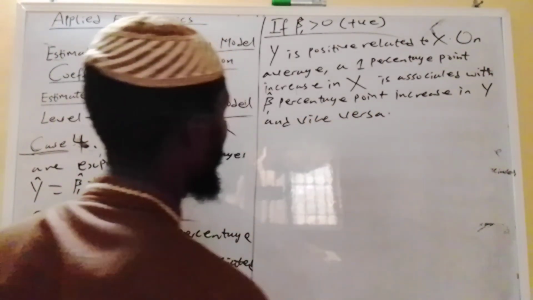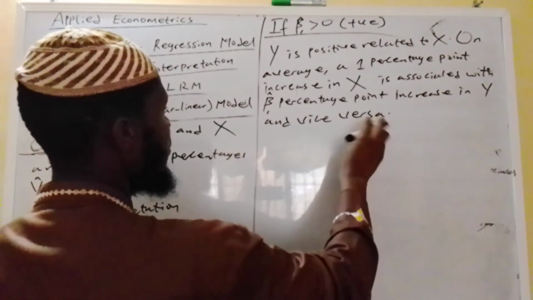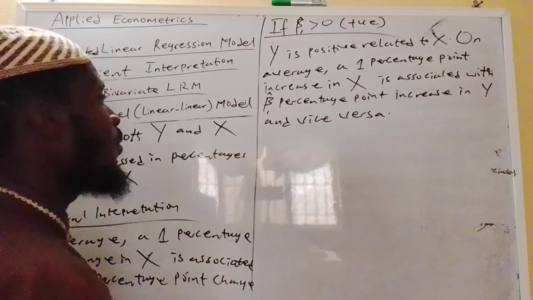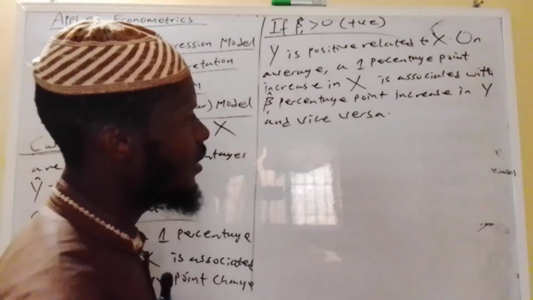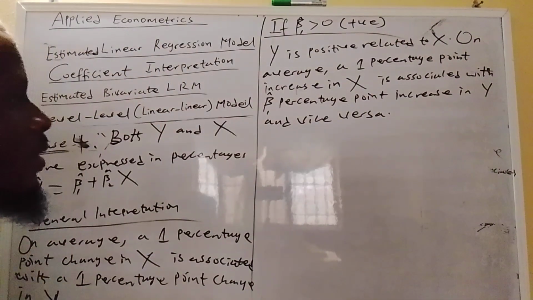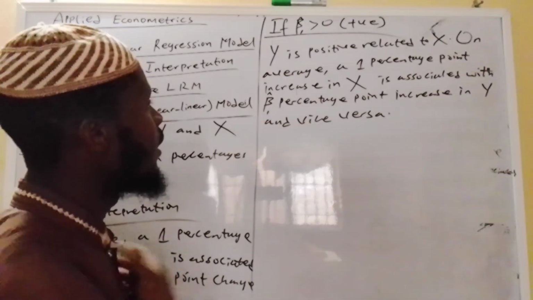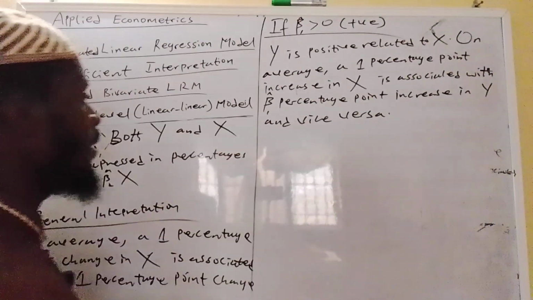Vice versa implies that this can also be interpreted as a 1 percentage point decrease instead of saying increase. A decrease in x is associated with a beta 1 hat percentage point decrease in y. This is a linear model, a model that's linear in parameter.